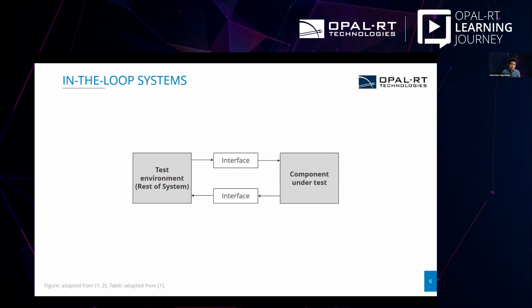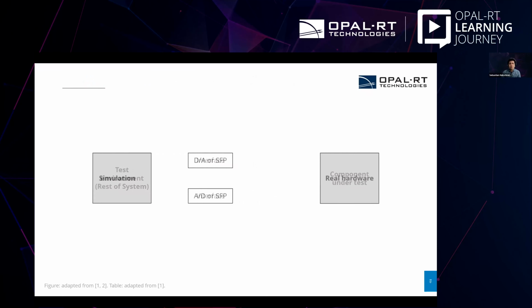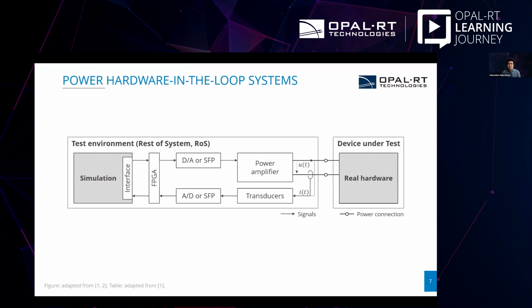Now, if our component under test is a real power device, which we want to run in its typical environment, we need a power hardware in the loop setup. Here, our interface doesn't exchange signals anymore, like digital or analog small voltage ones, but now the component, the device under test, is connected at its electrical clamps, so we have power flowing.